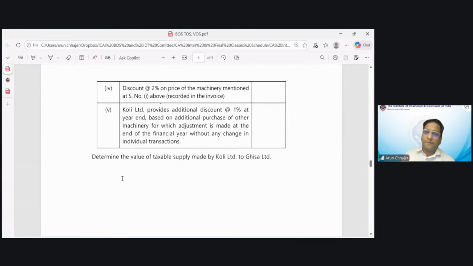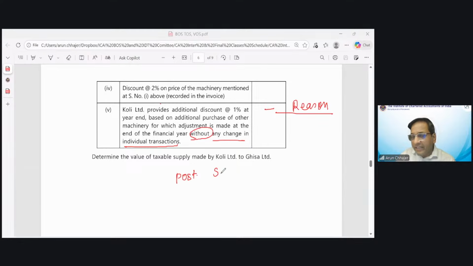So you will not do anything, but what is the reason you will give? Without any change in the individual transaction. That does not give clarity, but can I say it is a post supply discount?